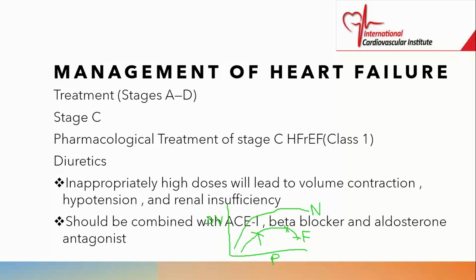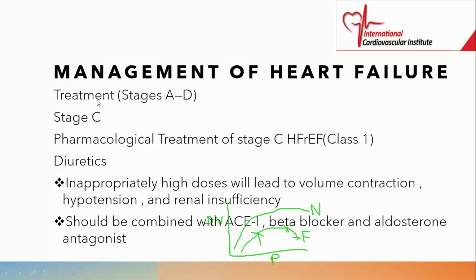Daily weights, you have to follow the weights carefully. You also have to get electrolytes, and follow the electrolytes closely. So you don't want the patient to be volume contracted, develop hypotension, and renal insufficiency. And the diuretic should be combined with your ACE inhibitor, beta blocker, and aldosterone antagonist.